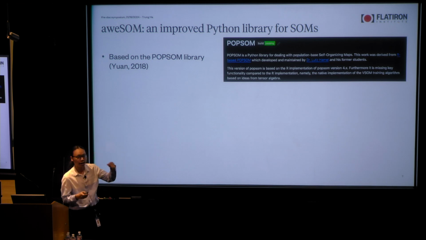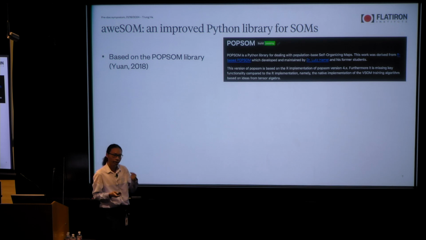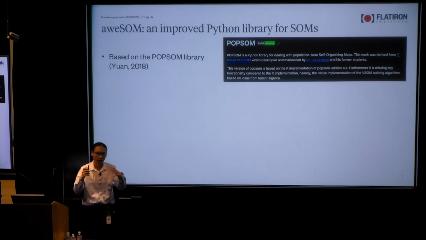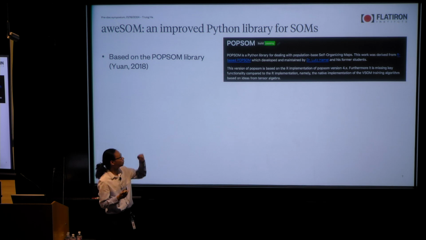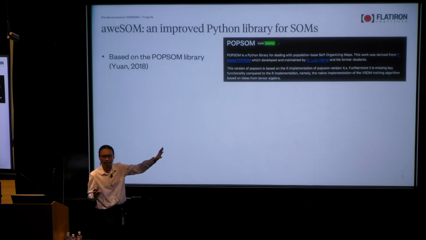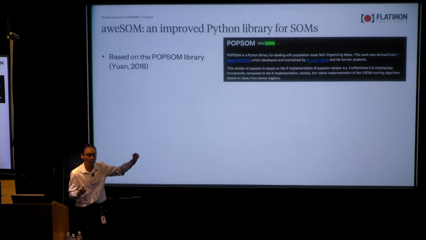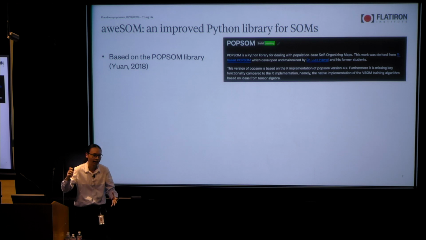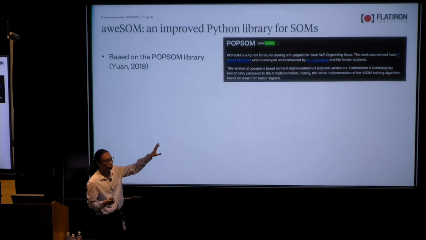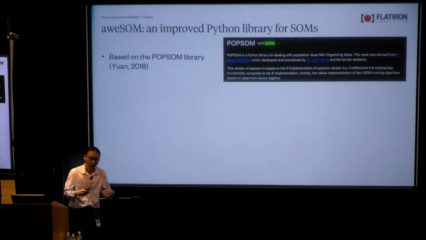Although PopSOM has most of the functionality that we would need for this project, it was originally written for much smaller input data. It can run for maybe 1,000 data points, but for our simulation, we have up to hundreds of millions of data points due to the 3D nature of the data set. It was written for one CPU core and very unoptimized.